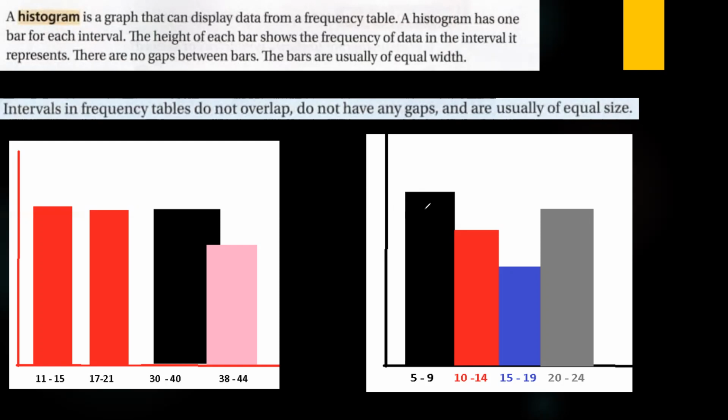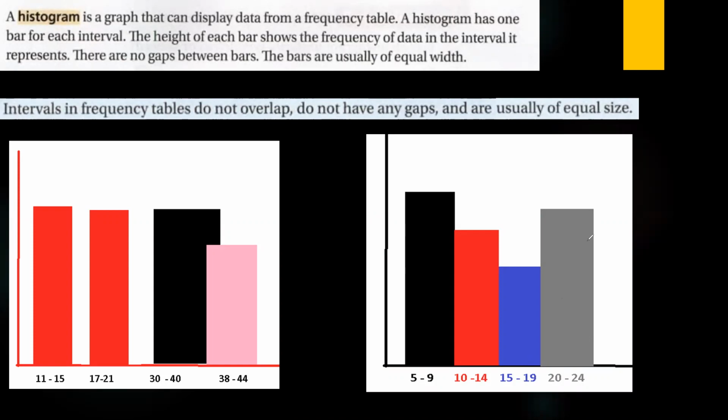If I tell you now from 10 to 14, we have 3 girls as an example, you make an interval, a bar for 10 to 14, and the height of it will be 3. From 15 to 19, I have 2, so the height of the bar will be 2, and so on. Later on, when I make the frequency table and draw them, you will understand.